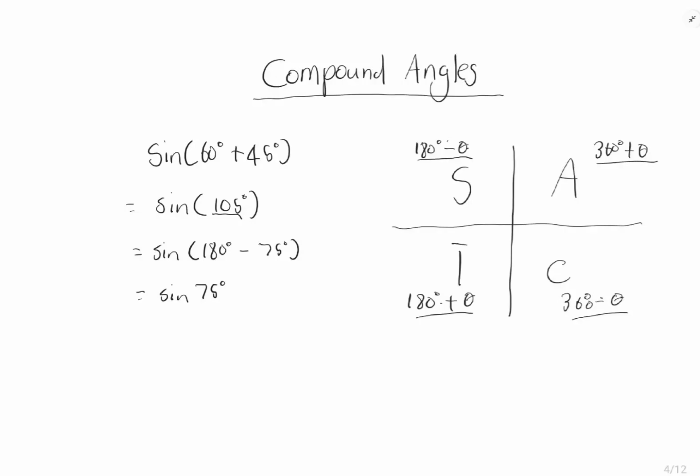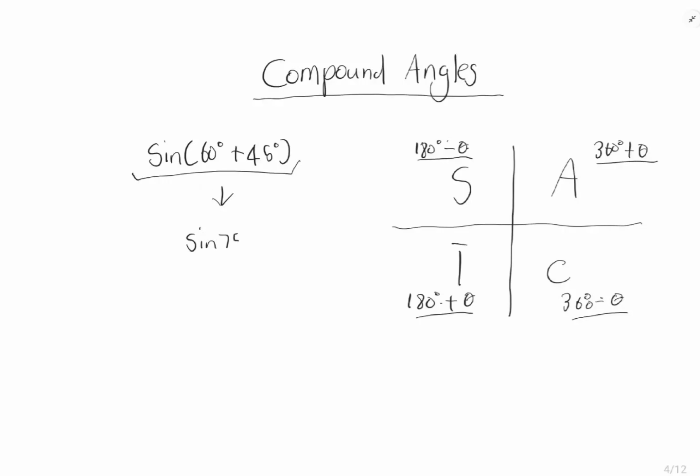Because now the question will say they want you to simplify this. They want you to give a numerical value of this without using a calculator. So obviously in the case where we ended up with sine 75 degrees, how are you going to evaluate this without a calculator? Because this is not a special angle, right?